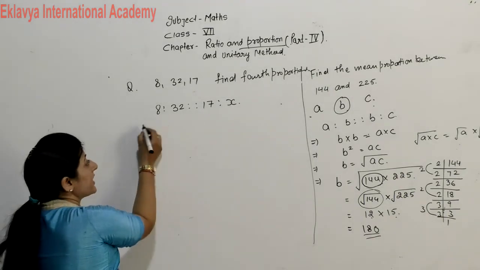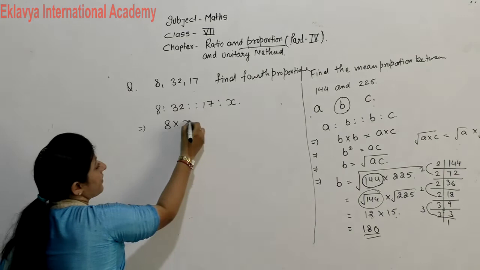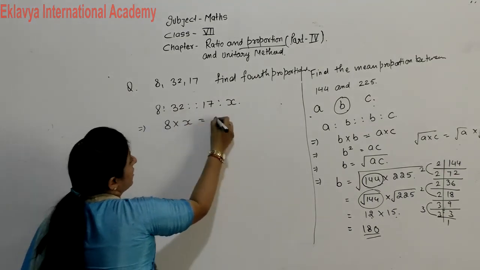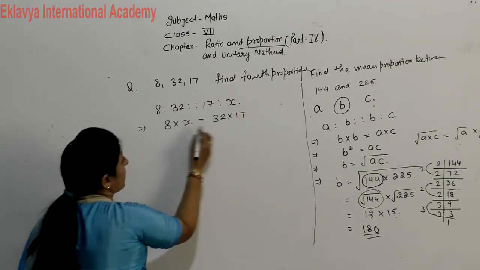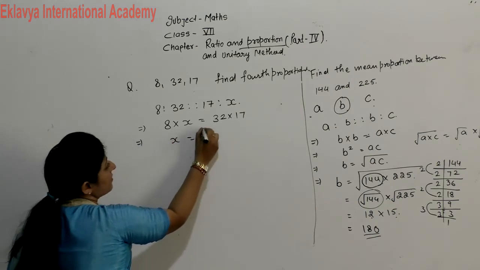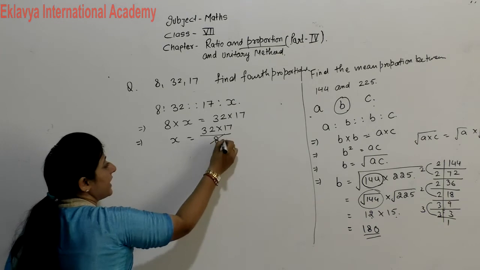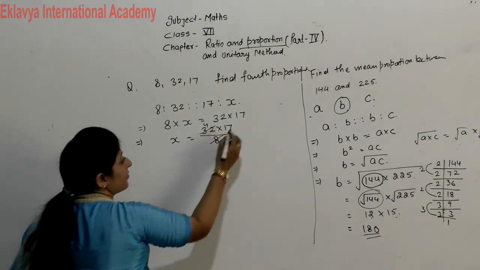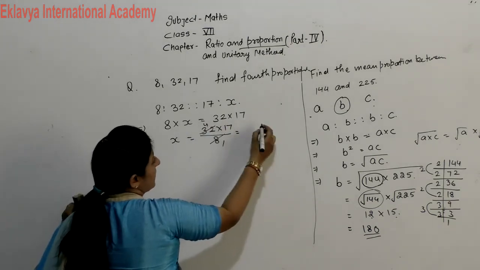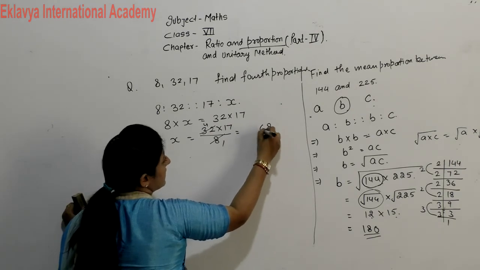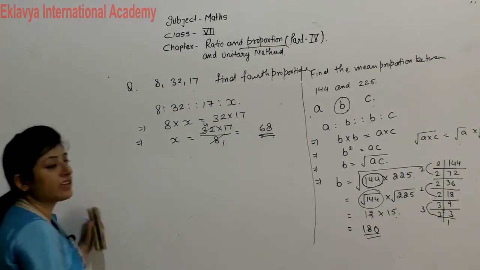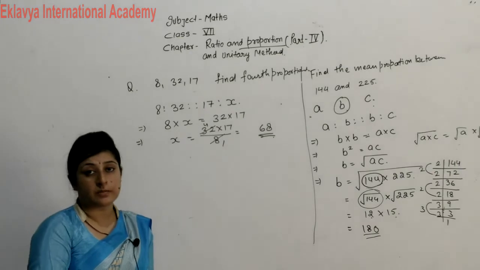Then the same procedure: product of extremes is equal to product of means, so x is equal to 32 multiplied by 17 divided by 8. 8 1s are 8, 8 4s are 32, 17 4s are 68. This time we found the fourth proportion.